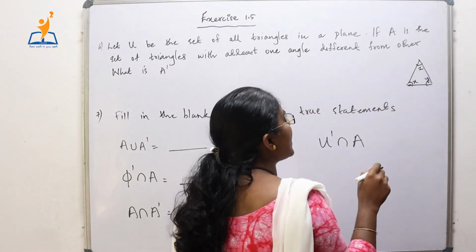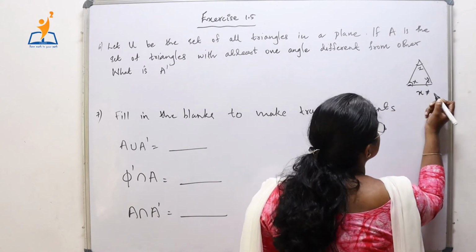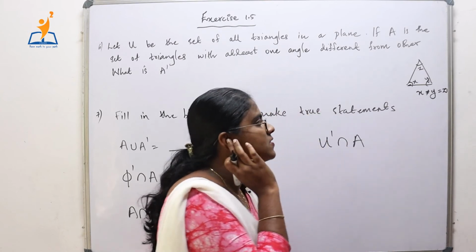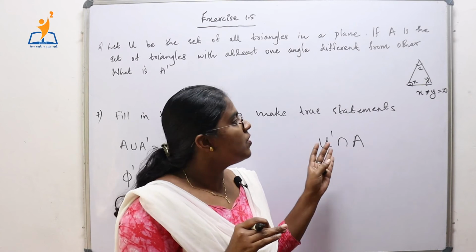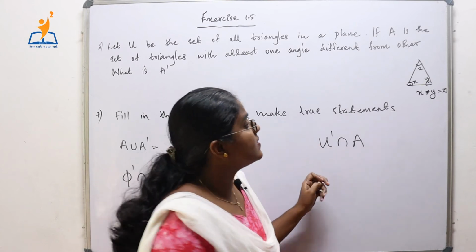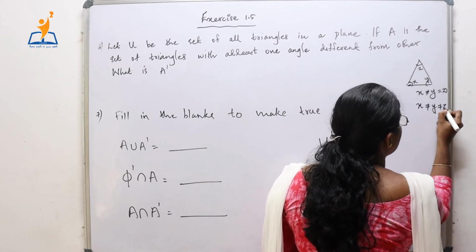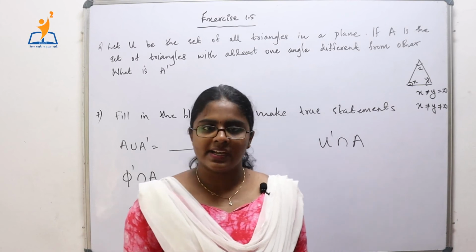The set A contains the set of triangles in which at least one angle, let it be x, is not equal to the other angles. So this is the condition satisfied by x. So at least one angle. This can happen or this also can happen. At least one may differ or all may differ.